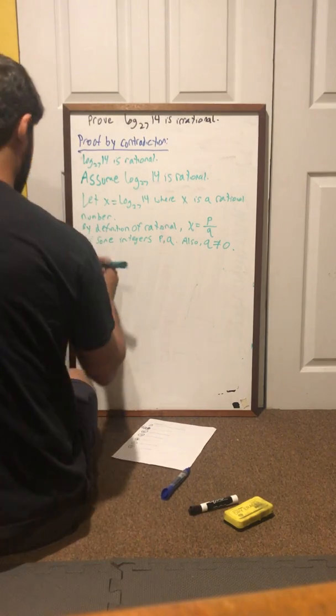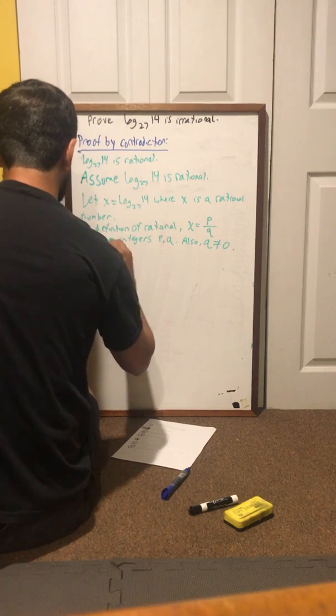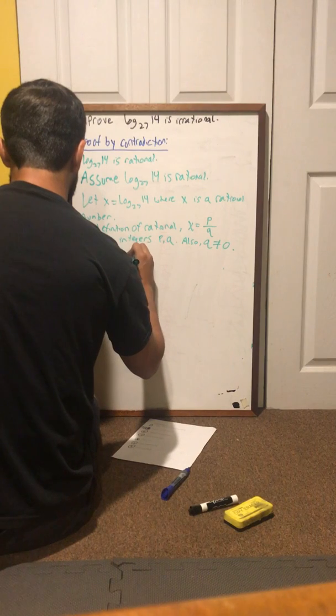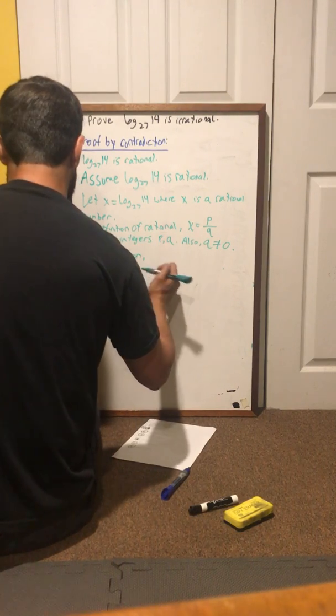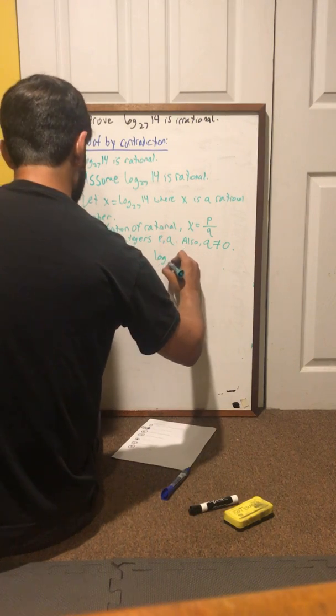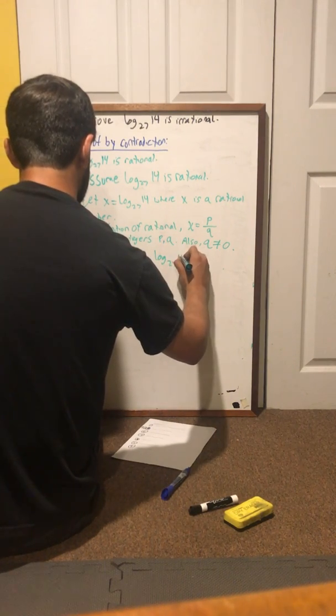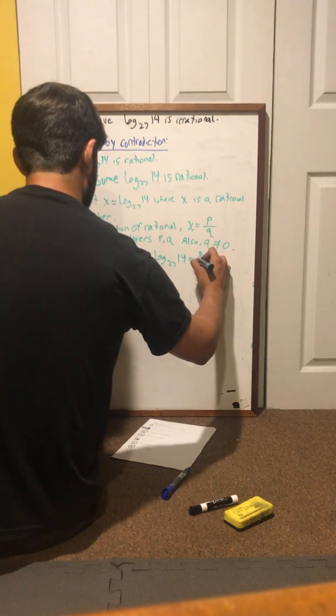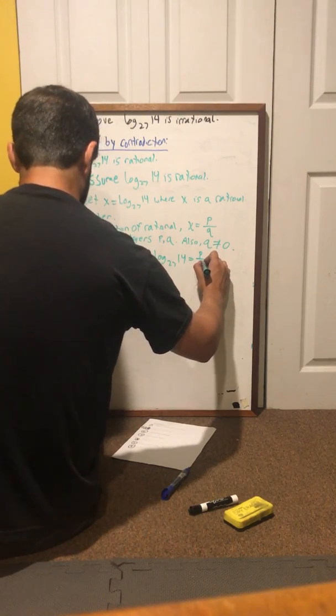So, continuing on by substitution, log base 27 of 14 equals p over q.